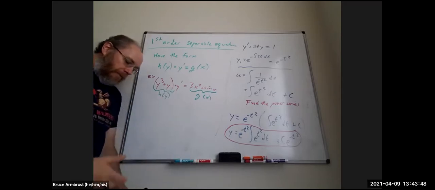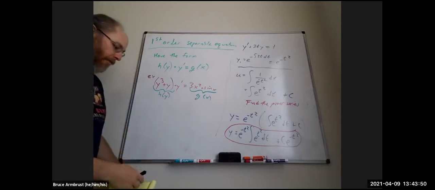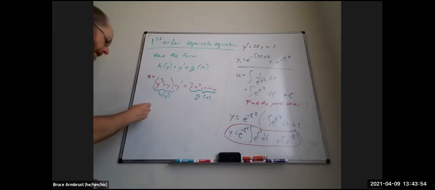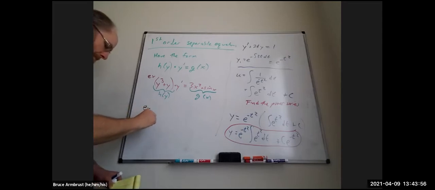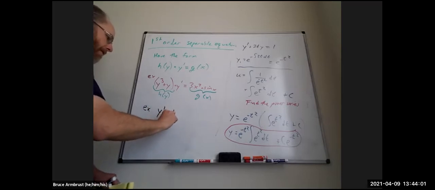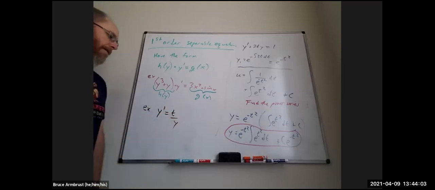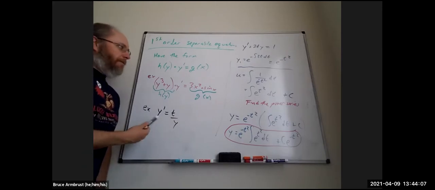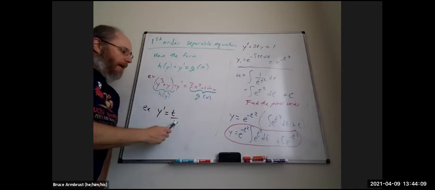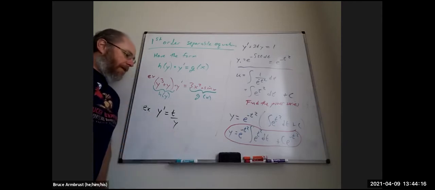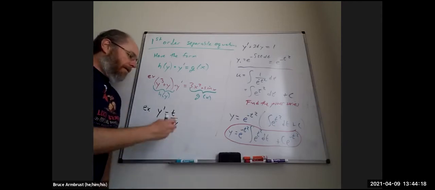Sometimes it's not in exactly that form, but can be written in that form. So here's another one. Let's say we had y prime equals t over y. You look at this one and you go, well, wait a minute, I've got a y on the other side. But we can manipulate this easily if we just multiply both sides by y.